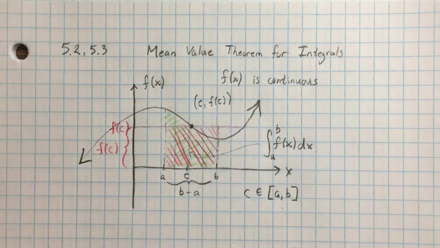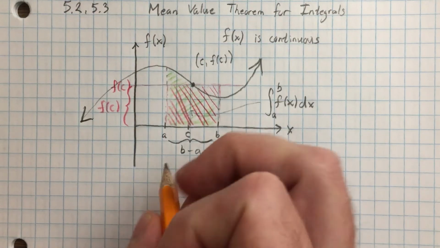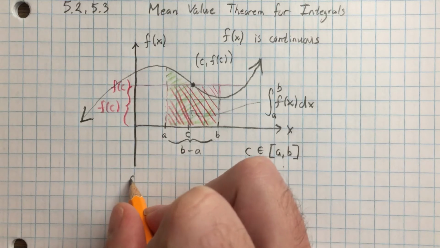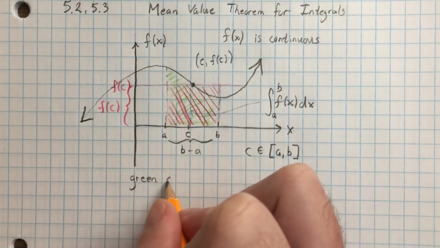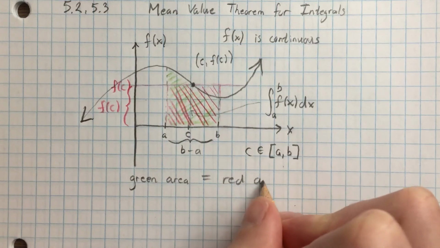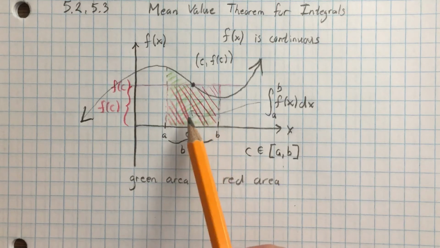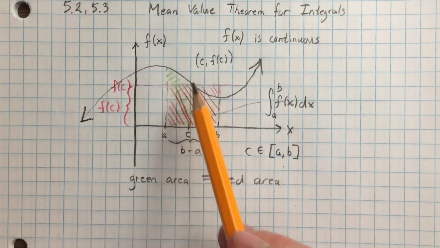So the way it pans out in notation is, since our claim is green area is equal to red area, the rectangular red area should be the same as the green between curve and x-axis area.